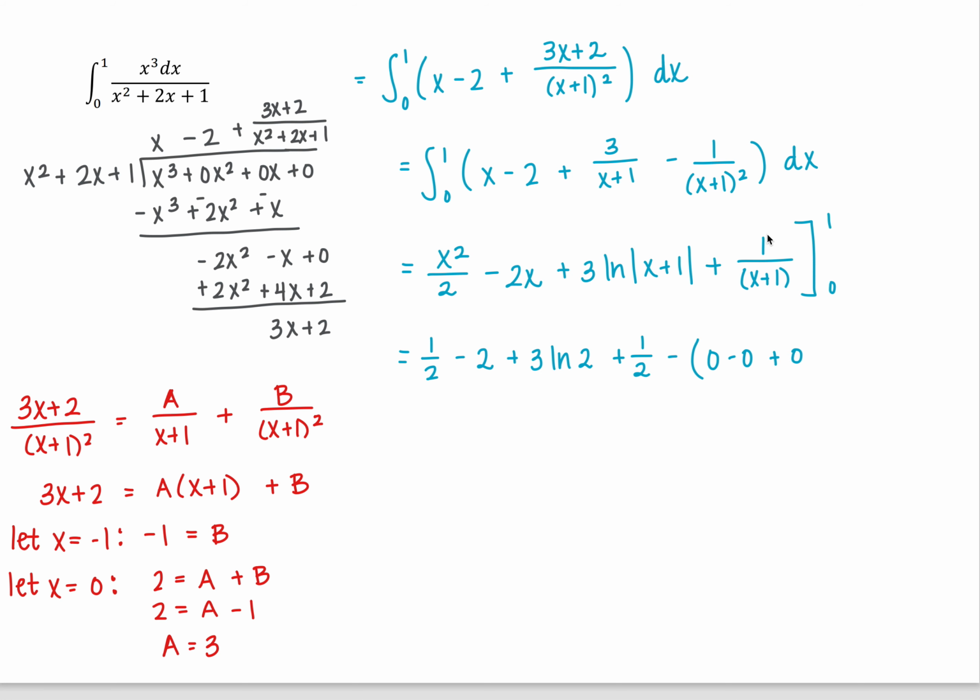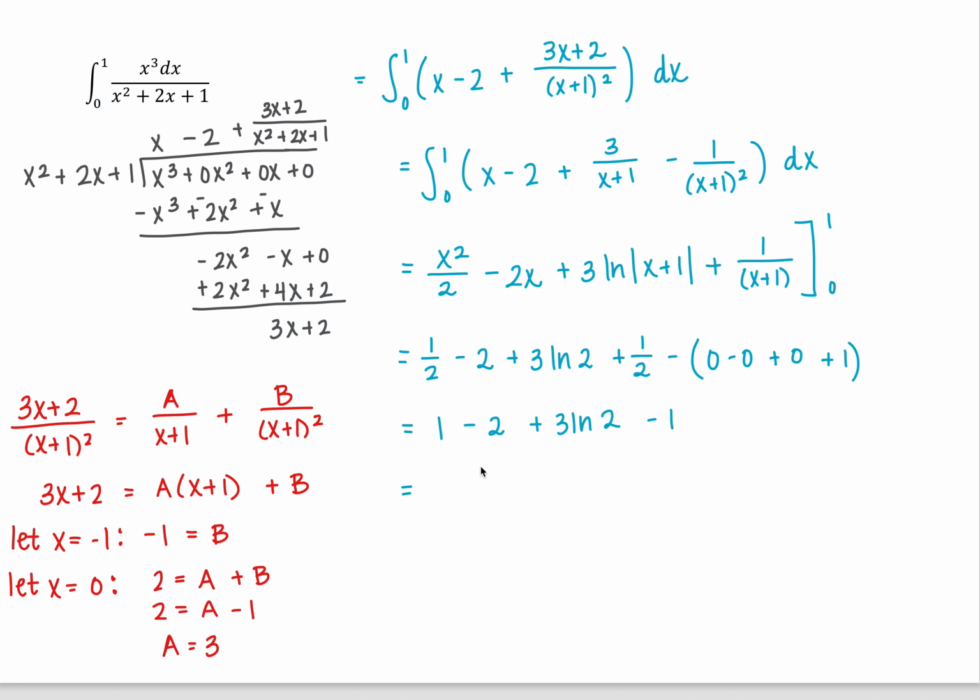Finally here, I've got 1 over 0 plus 1, so that's just a 1. So 1/2 and 1/2 give me a 1, so I have 1 minus 2 plus 3 times the natural log of 2, then minus 1.